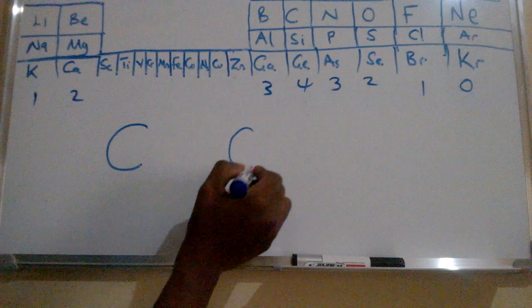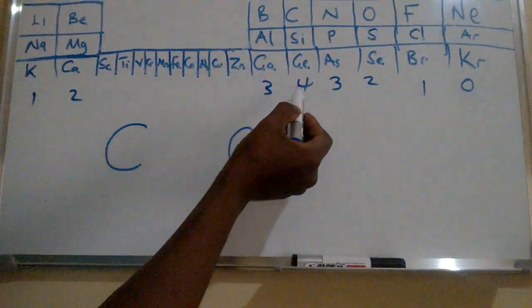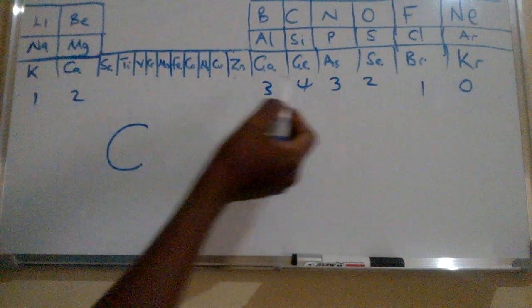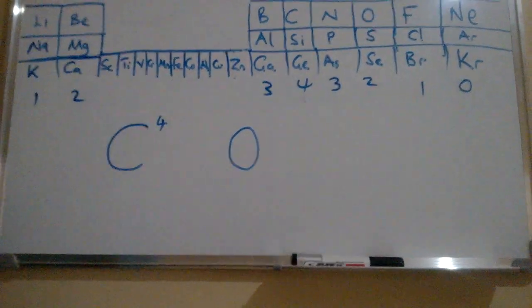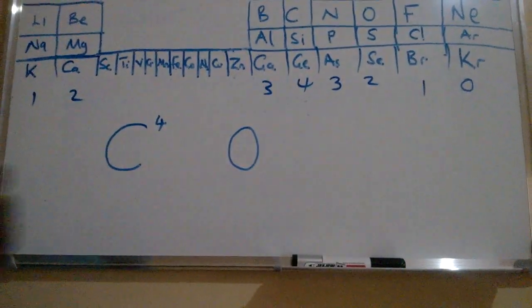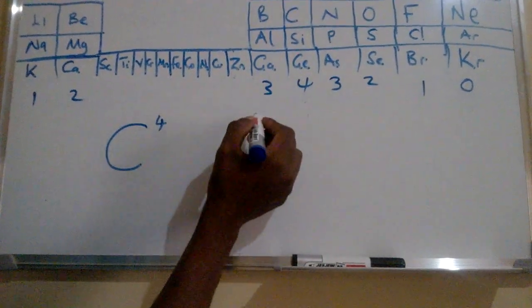Oxygen, also we have capital O there. Now, earlier on, I said that we should take note of the valencies. So I've displayed the valencies there. So we're saying that if carbon has a valency of 4, we're going to take that, and then when we go to oxygen, we know that oxygen has a valency of 2.